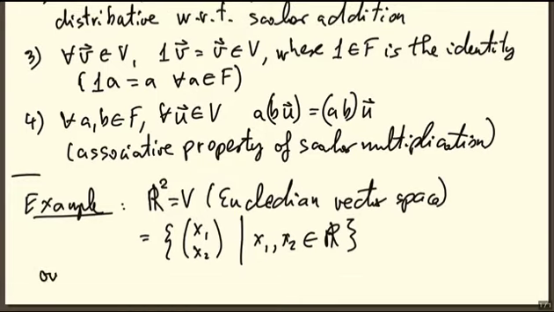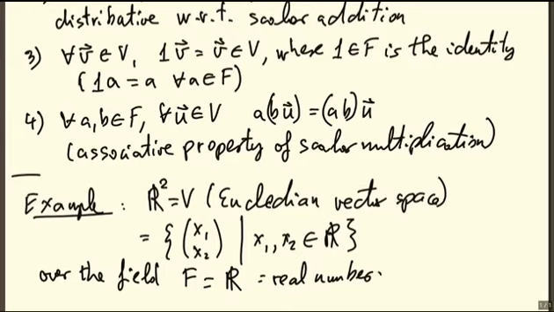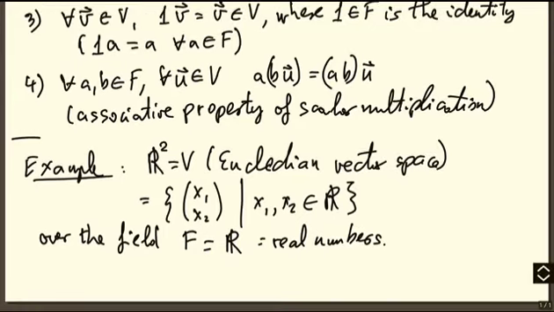And we consider this as a vector space over the field F, which is also just the set of real numbers. As I mentioned before, in this class mostly we will consider fields that are either the real numbers or complex numbers.